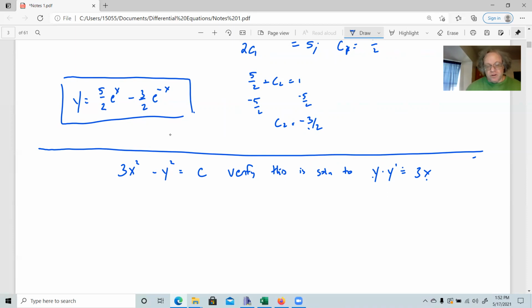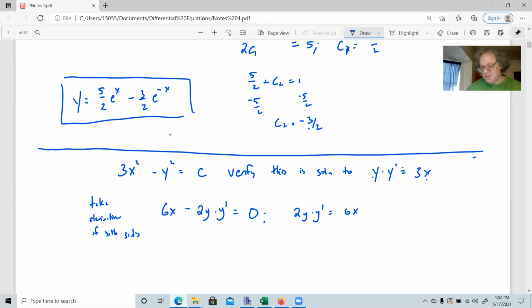Take derivatives of both sides. We have to use implicit differentiation here, don't we? So we have 6x minus 2y, and then there's a chain rule, that's the implicit differentiation, y prime, and the derivative of a constant is 0. So we have 2y times y prime is equal to 6x.